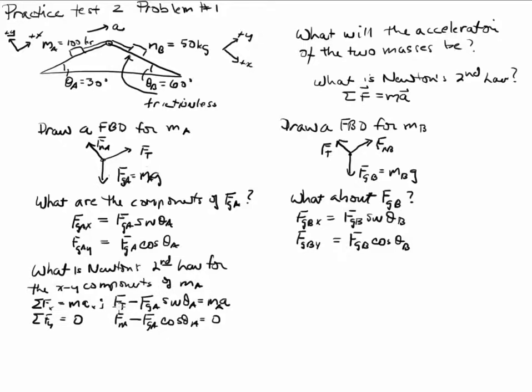We have Ft in the positive X direction minus the X component of gravity will equal the mass times acceleration. What about the Y component? There is no Y motion, there's only X motion. So the normal force on A minus the gravitational force in the Y direction must equal 0.